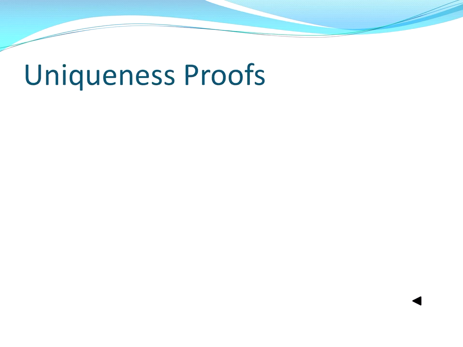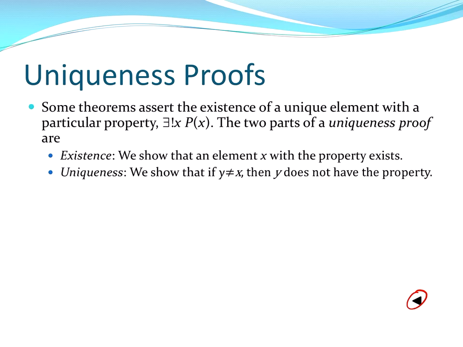Okay, uniqueness proofs. Oops, I forgot to do a build on my arrow down there, or triangle. Okay, so uniqueness proofs. In this case, we want to show that there is a unique, or one and only one, element that makes my proposition true. There exists a unique x, P(x).